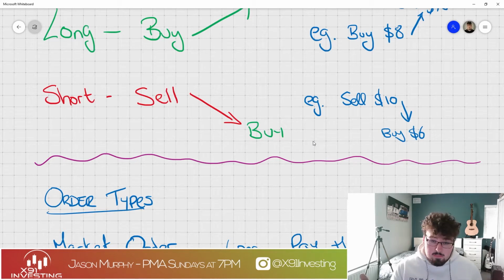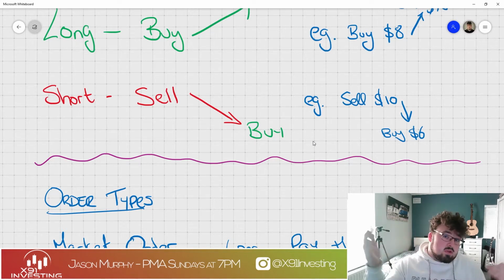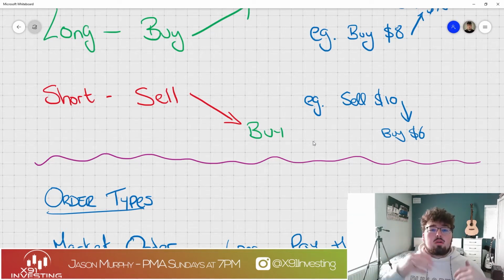Someone buys it and you get the $10 for it. But you hold that because you think it's going to devalue. So you still have the 10, the price goes down, and you buy it back from someone else for 6. So you make $4 profit on every one of those shares. Say you only had one, you make 4. The profits multiply with the more lots or shares that you hold.